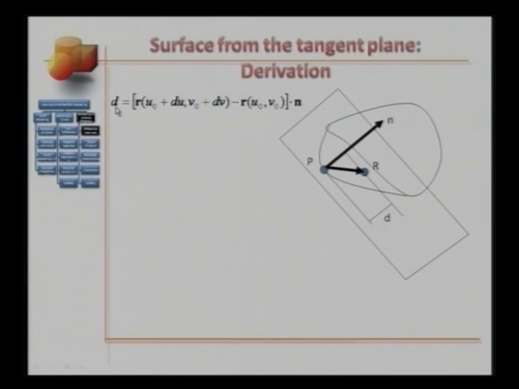So D is the dot product between PR and N.